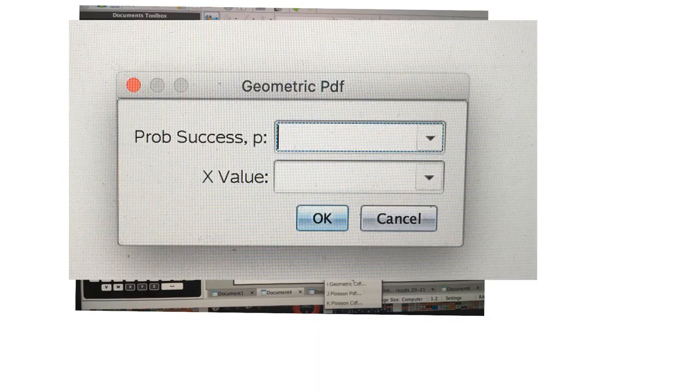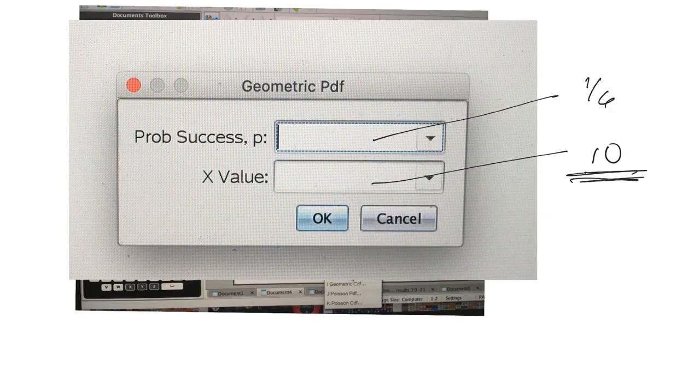Okay, so what I'm going to do here is I'm going to plug in for that P 1/6, and for the X value, I'm going to plug in 10. That will give me the probability my first success is on my 10th trial. The first time I roll a 5 is going to be on my 10th roll of the dice, and the probability of success is 1/6.